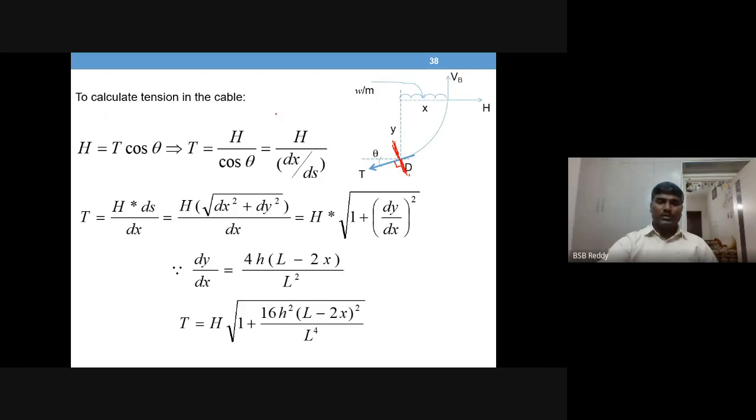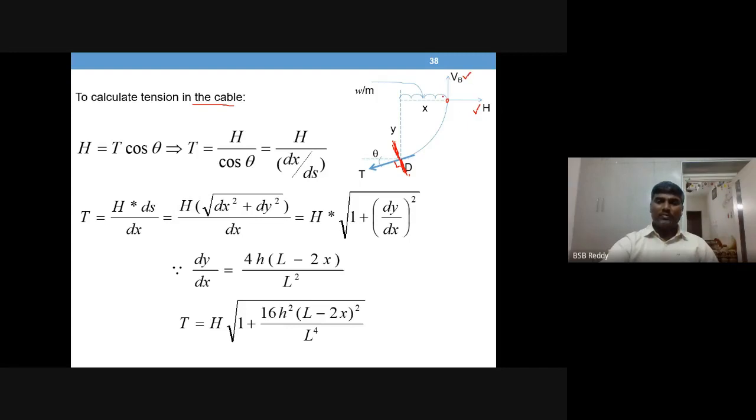Now to calculate tension in the cable, this is what we want, right? So T cos theta. See, this is the right hand support. So horizontal reaction, vertical reaction.